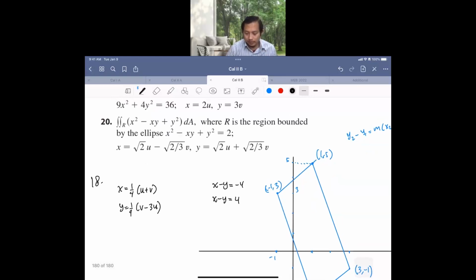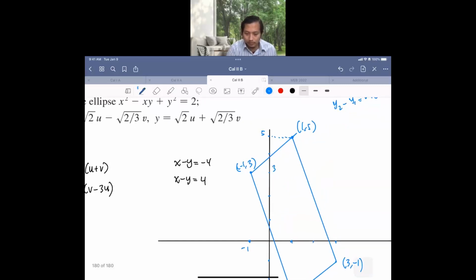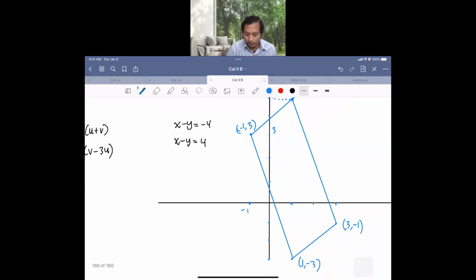So if we check, is it correct? Let me check. Yeah, I think this is correct for negative 1, 3.